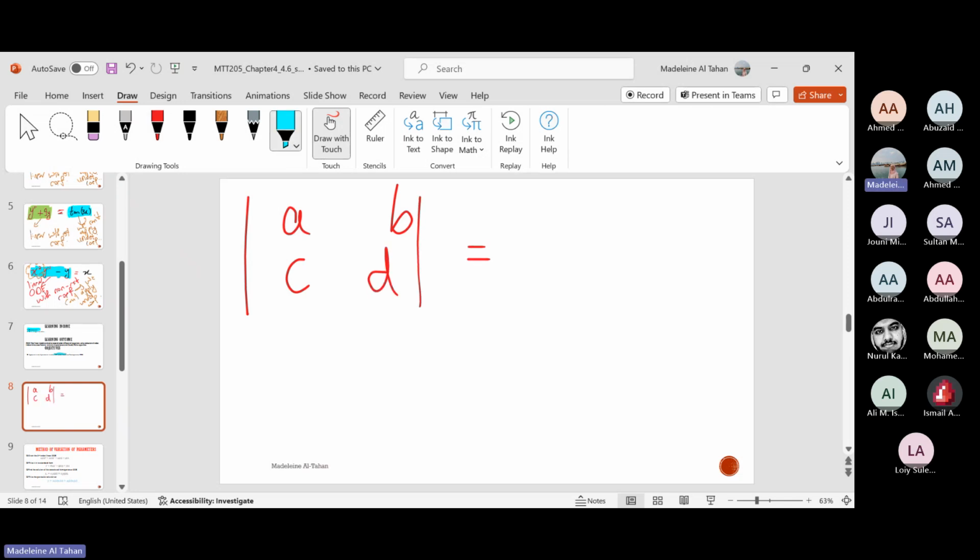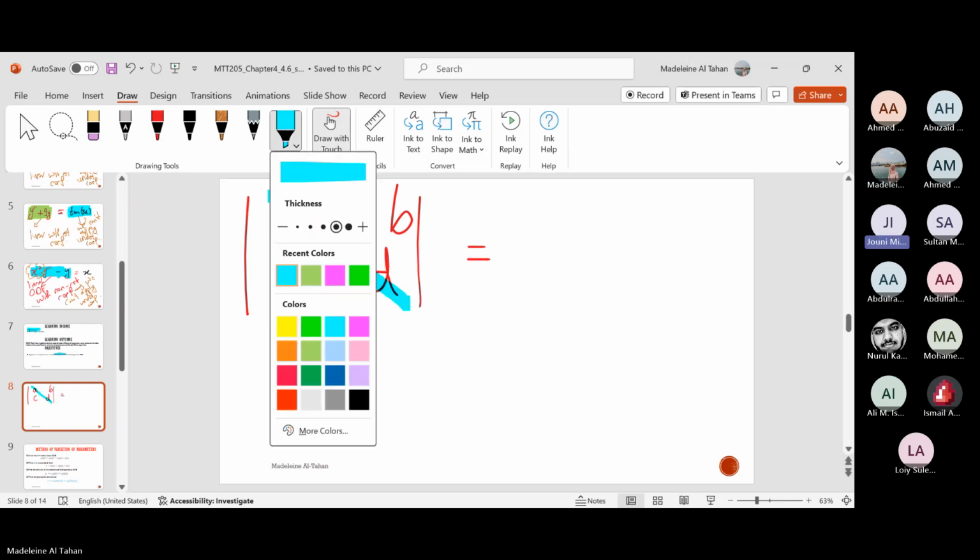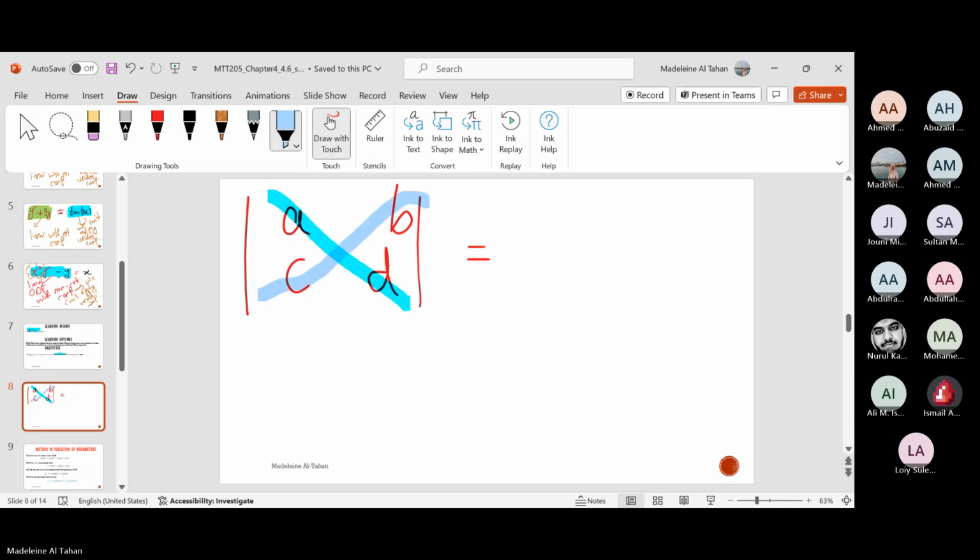What's the determinant of this matrix? AD minus BC. Main diagonal minus second diagonal. Any questions before we start talking about our method, miss?